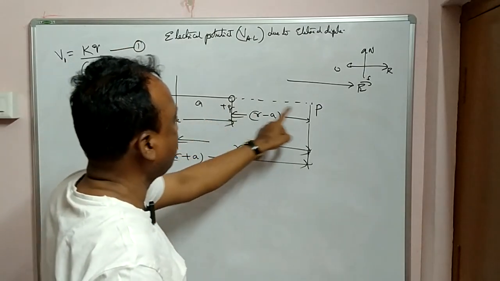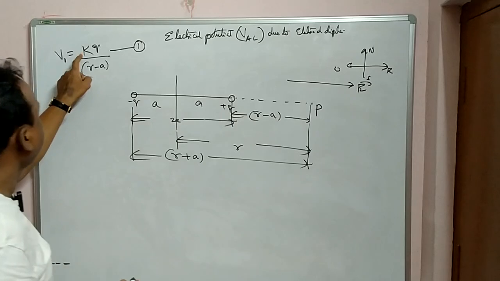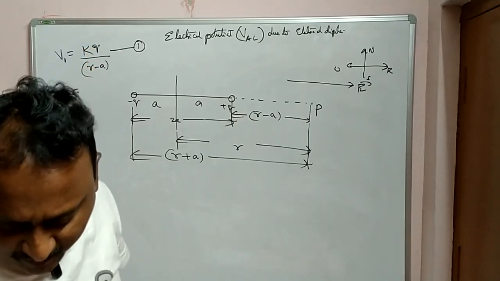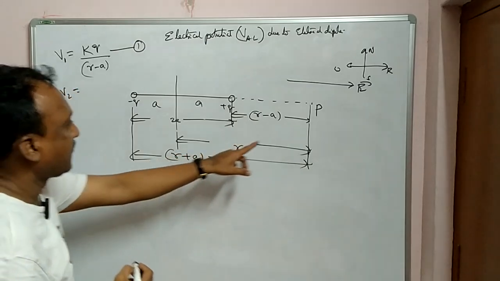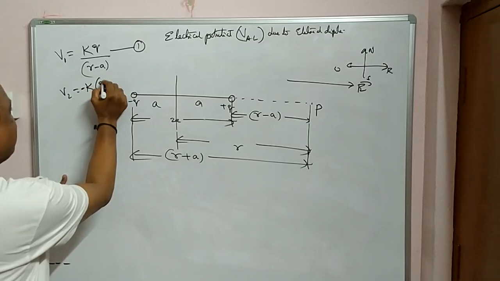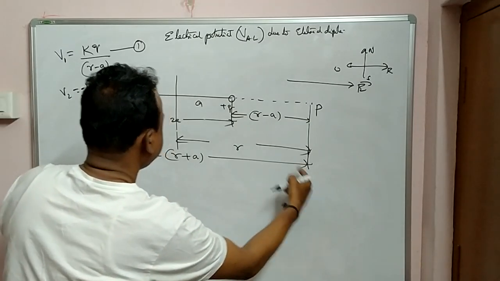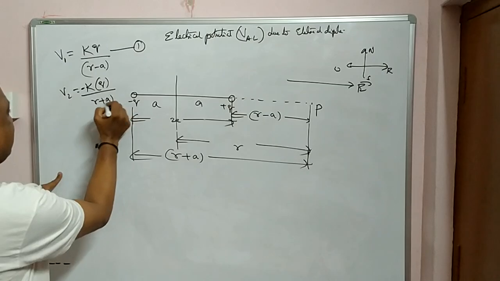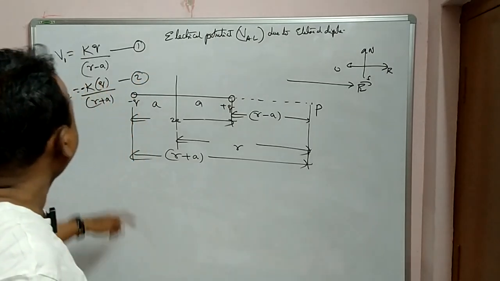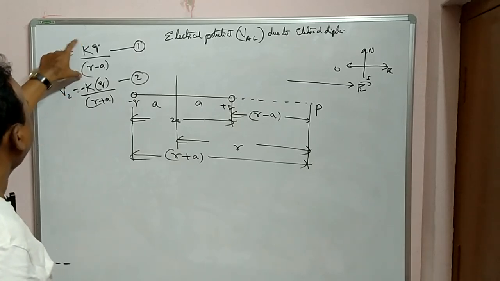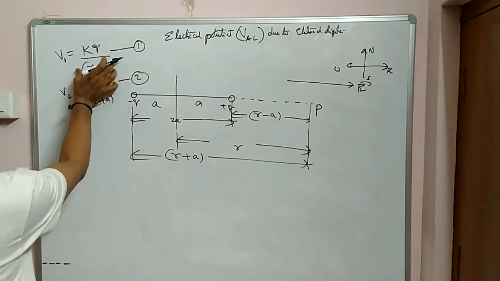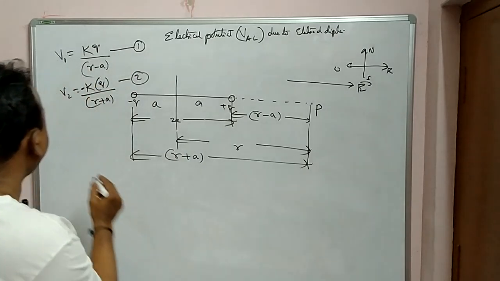So due to this plus q, what is the potential here? First potential is kq by r minus a. And due to minus q at P, that is minus kq by what is this distance, r plus a, equation 2. Clear? Now V1 is kq by this, V2 is this. This is a minus value and this is a plus value. So what is V net here?